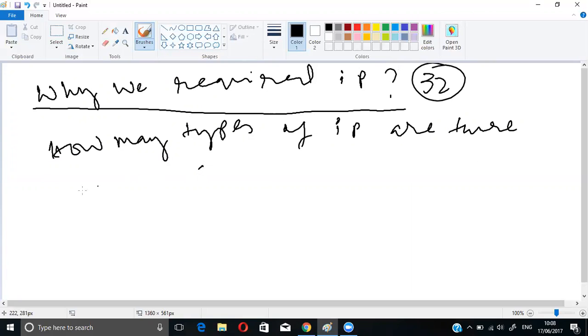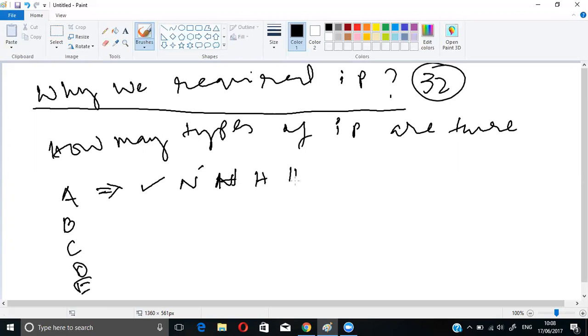And how many types of IP address are there? As I told you last class, there are class A, class B, class C, class D, and class E. Now class A is used in a very large network, an extra large network. We have one network and three hosts.